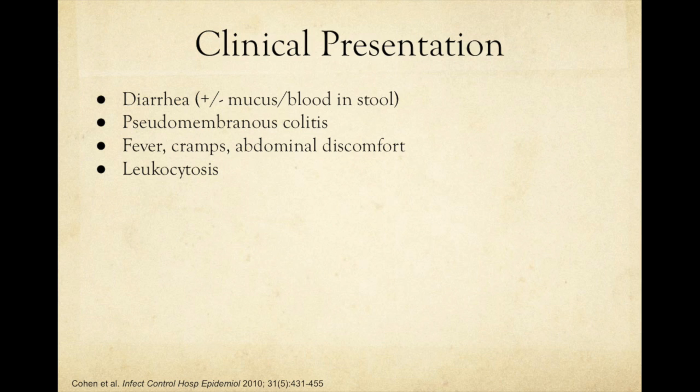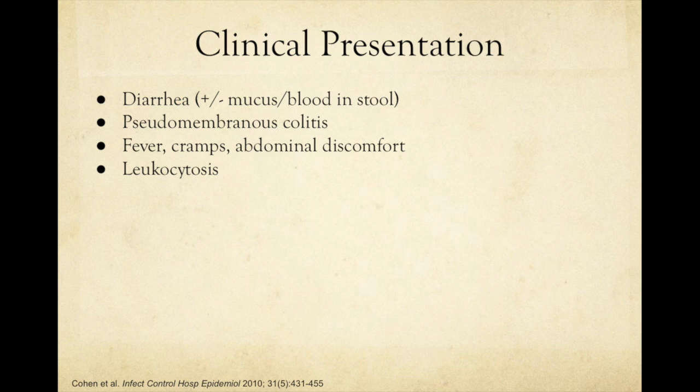With clinical presentation for CDI, it can range from asymptomatic to mild or moderate diarrhea. It can go as far as fulminant or even sometimes fatal pseudomembranous colitis. So C. difficile diarrhea may be associated with signs of mucus or blood in the stool, but these are sometimes rare.